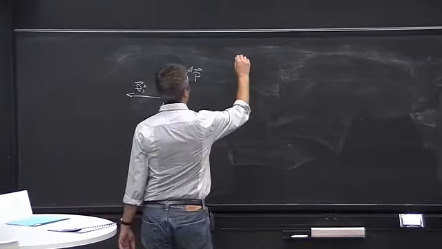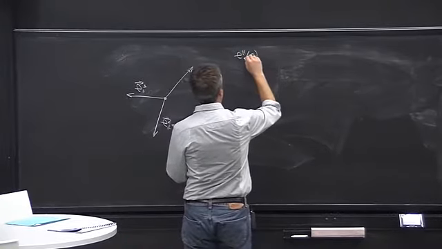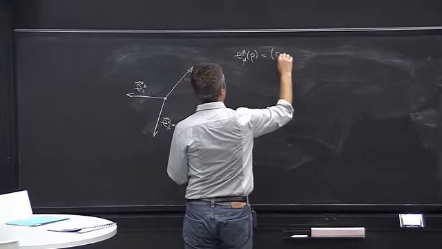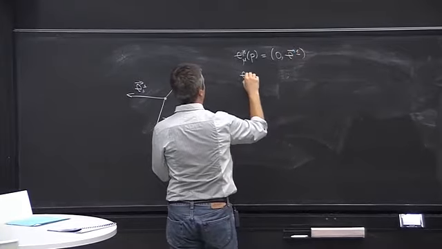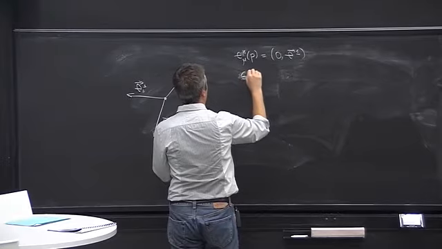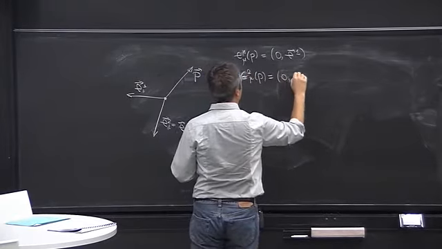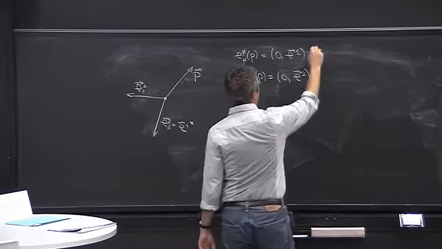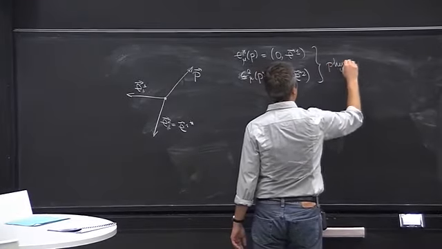And so epsilon mu 1 will have components 0, E1, and epsilon mu 2 will have components 0, E2. So this describes physical propagating waves.